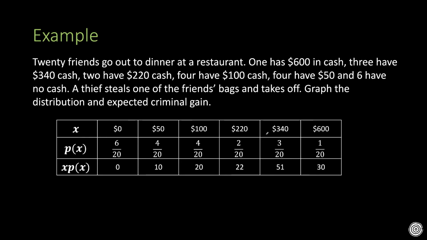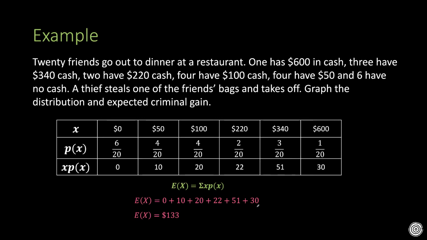To find the expected criminal gain, or expected mean, I'm going to use this formula where I need to find the sum of x times p of x. Now I've got them all listed here in the table, so I'm going to add all those values together, and I get $133. Now remember, this $133 does not represent one of these x values. It is the expected mean, so the theoretical mean.